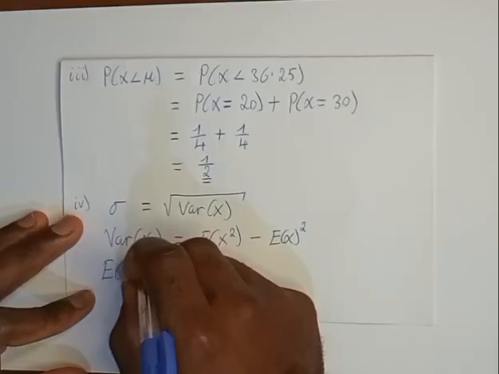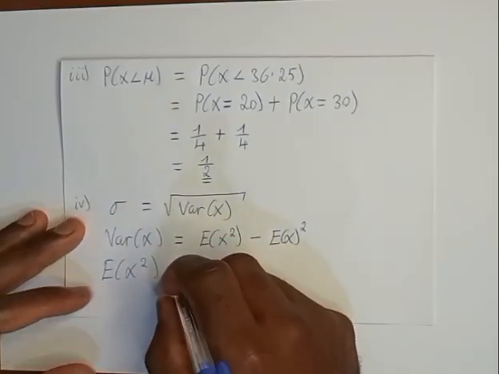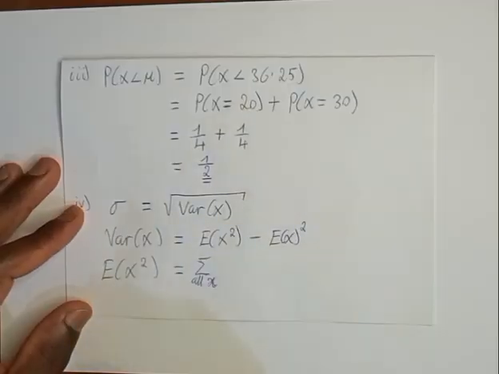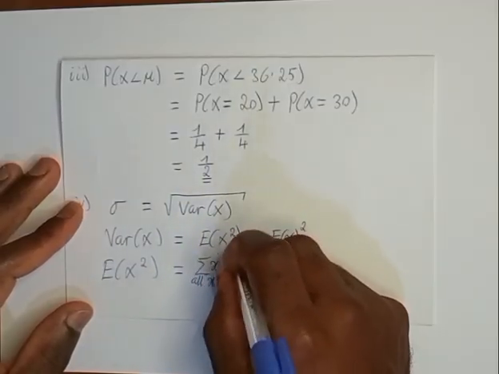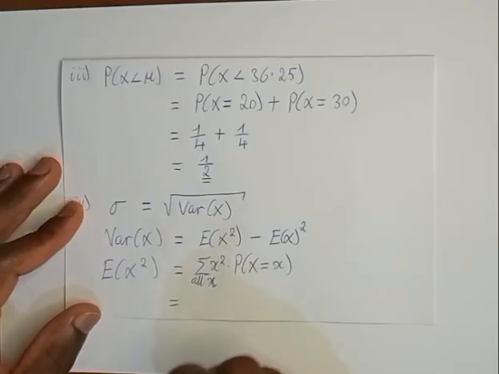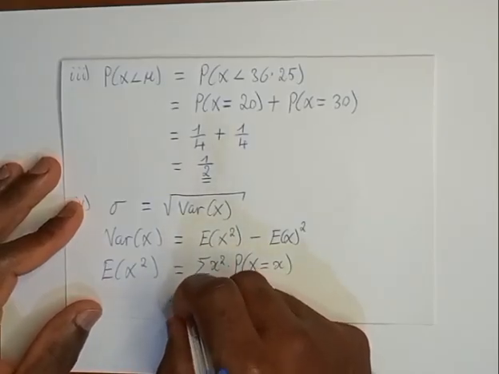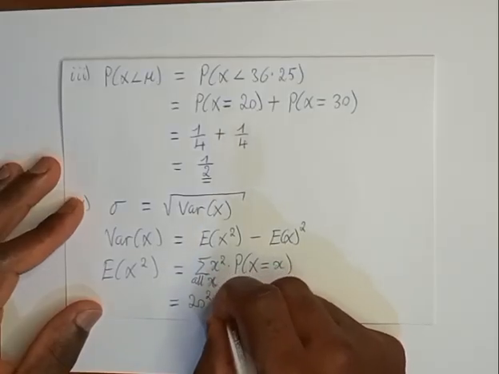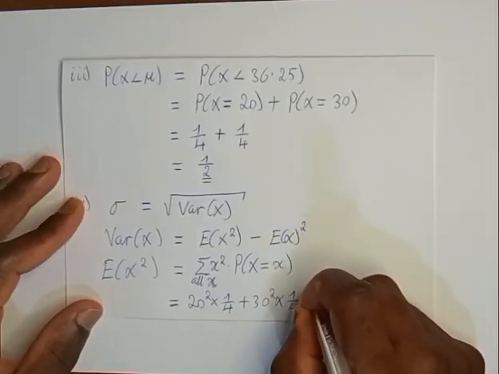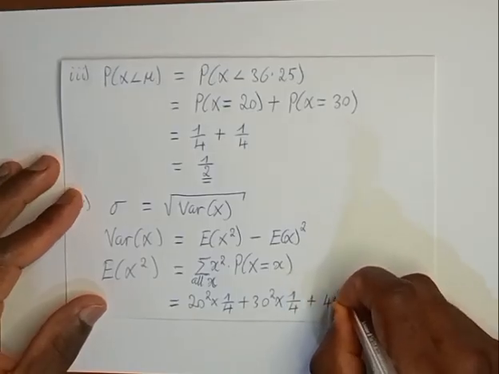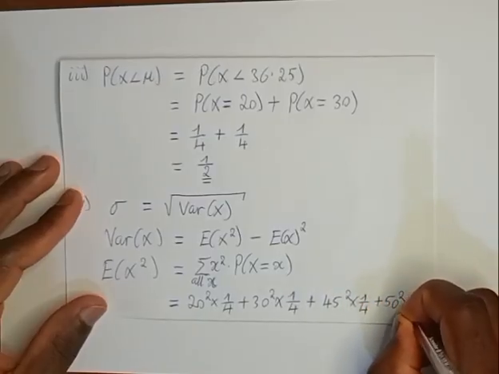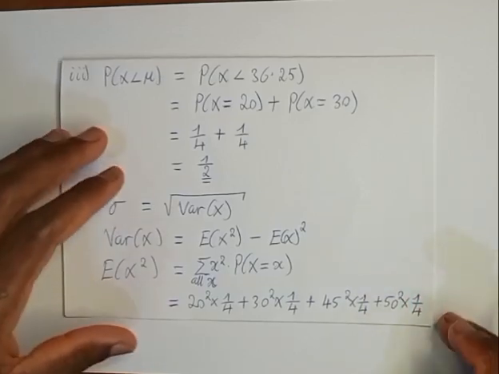E of x squared is simply equal to the summation over all x of x squared times P of big X equal to small x. So this will give us, for the first one, 20 squared times 1/4 plus 30 squared times 1/4 plus 45 squared times 1/4 plus 50 squared times 1/4.